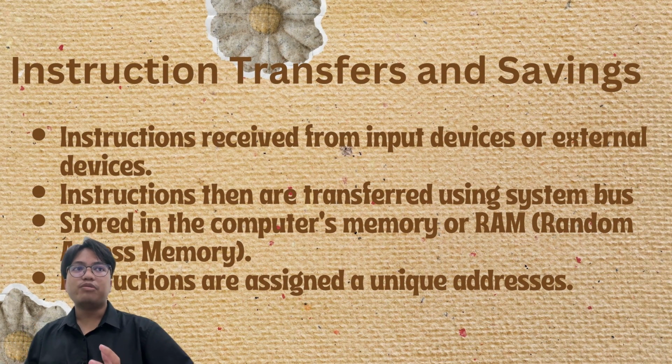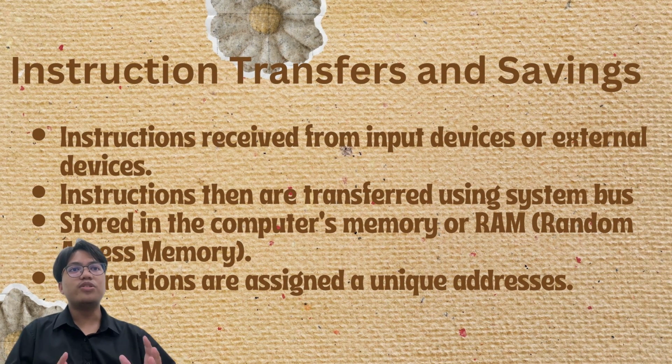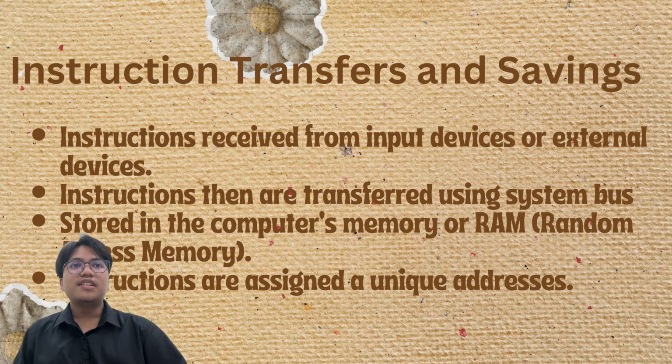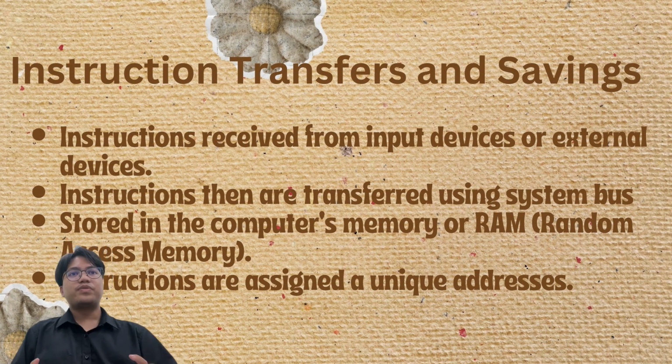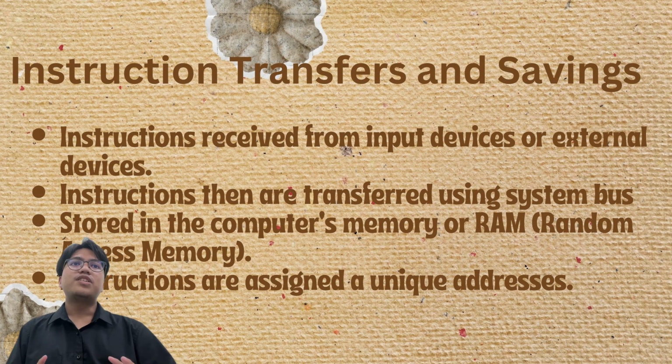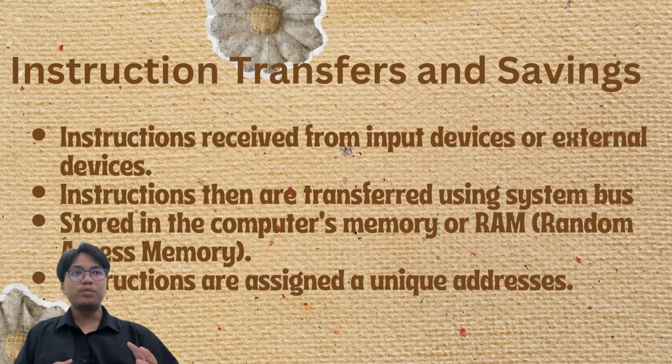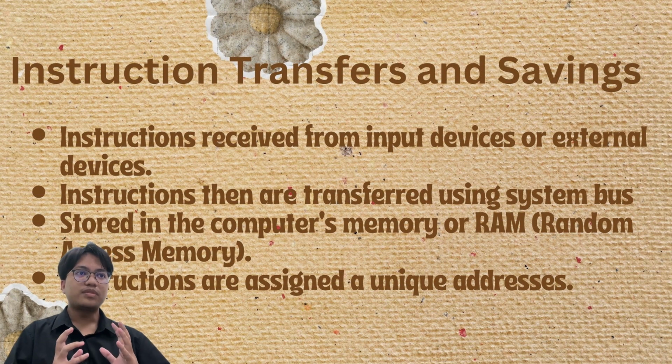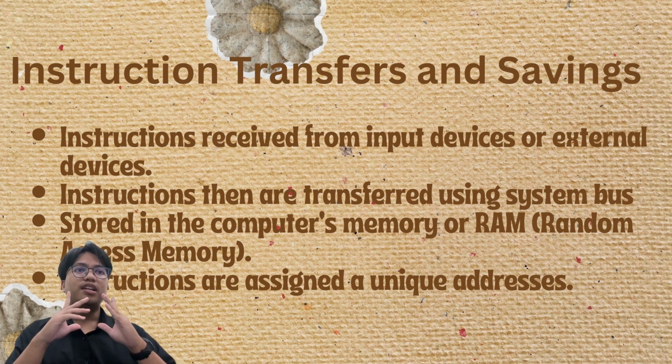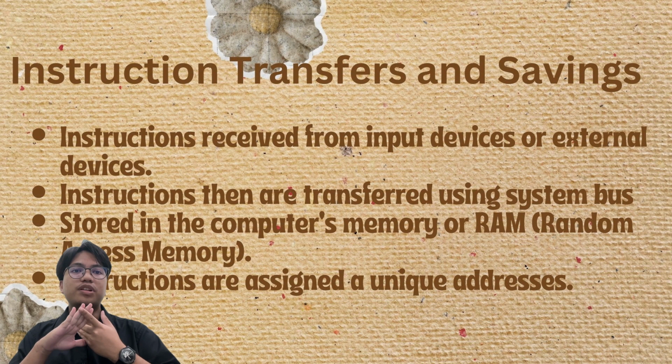I will explain about the system bus later on in the video. And then, these instructions that are stored inside the computer's memory are given a unique address. Okay, so just remember that the instructions received from us from the input devices are transferred into the computer's memory using the system bus, and the instructions inside the computer's memory will be given a unique address.